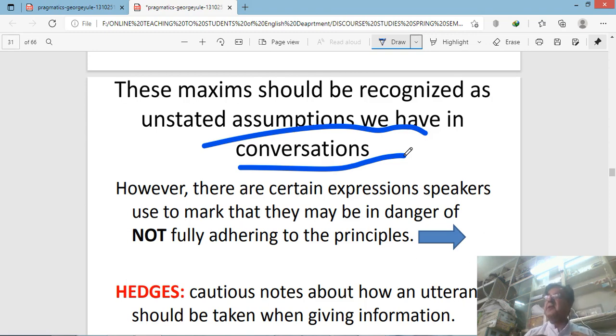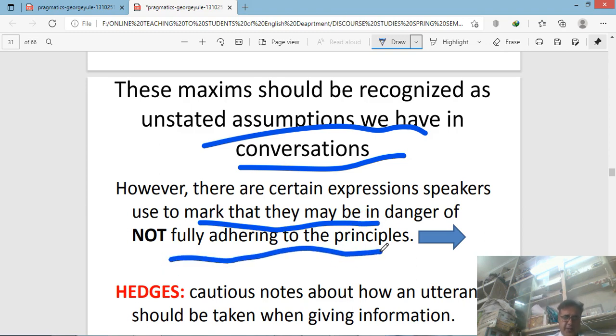Therefore, human speech is not that scientific. However, some parts of human exchanges can be brought under these. There are also certain expressions speakers use to mark that they may be in danger of not fully adhering to the principle. Okay.